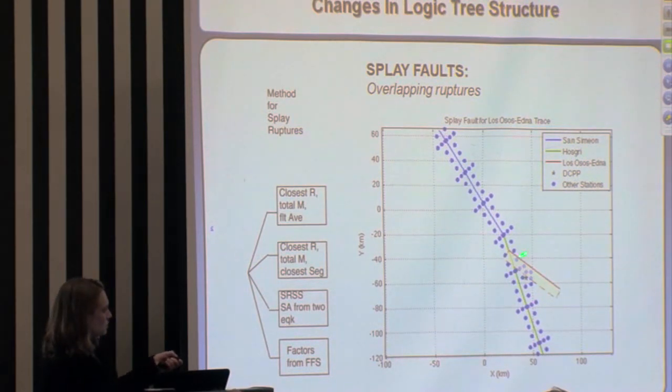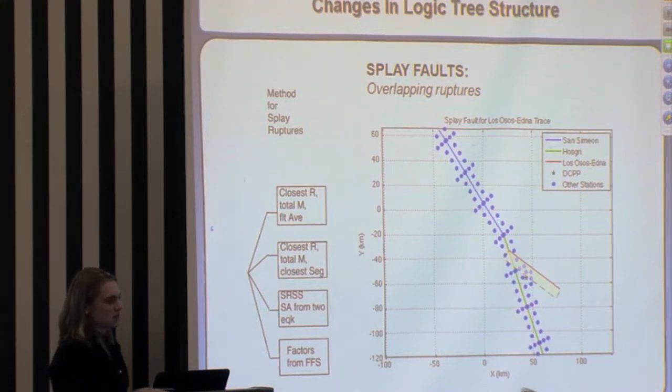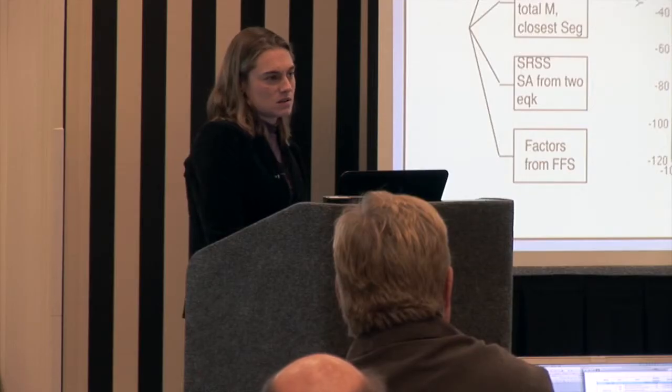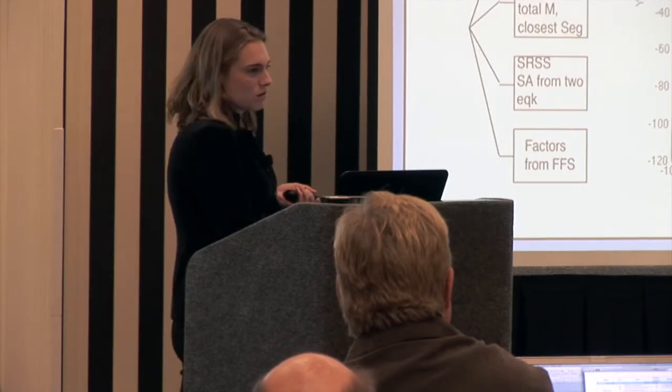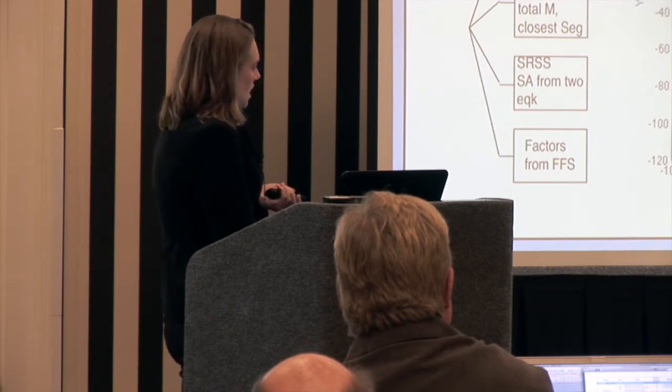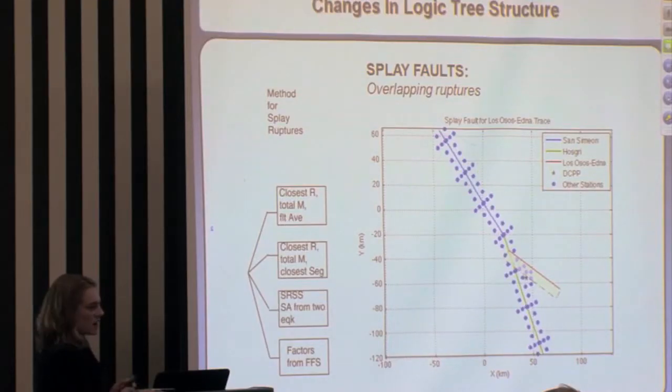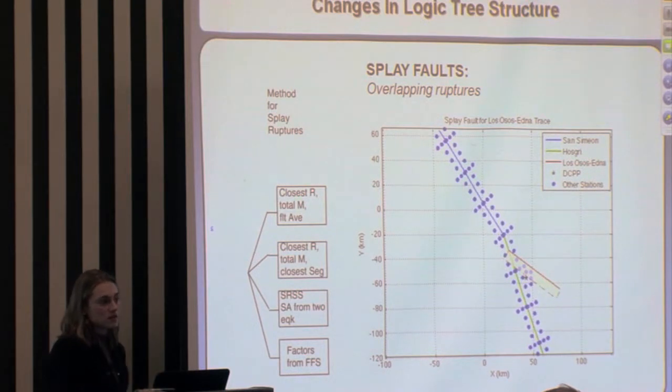And then we could use the GMPEs to compute ground motions for the splay fault using the closest distance and the strike and dip of the splay fault. Then we would sum the GMPEs using the SRSS method, the square root of the sum of squares. And then we also have factors that we can develop from the finite fault simulations, and these hopefully can guide us to help determine which of these methods is the most appropriate to use.